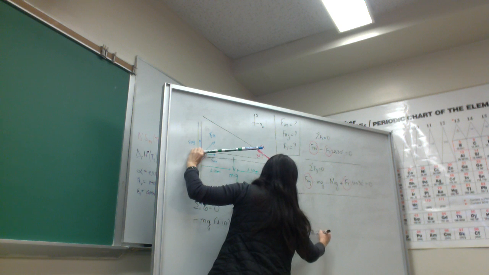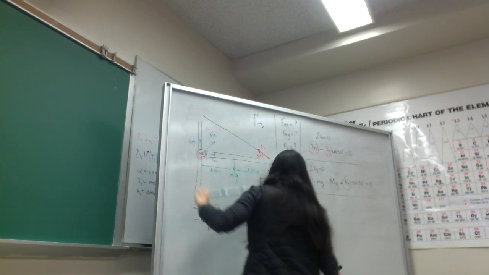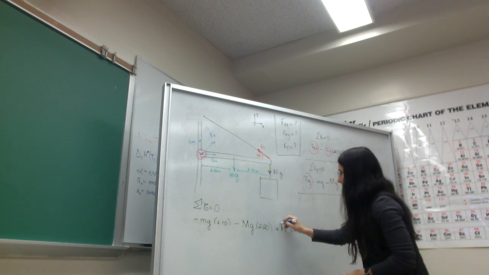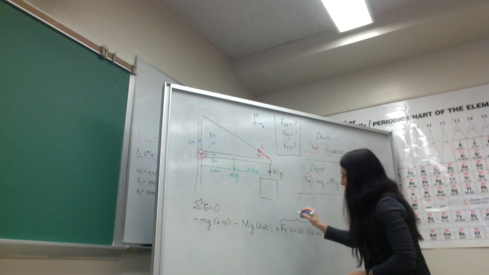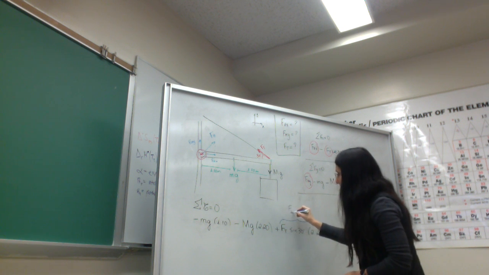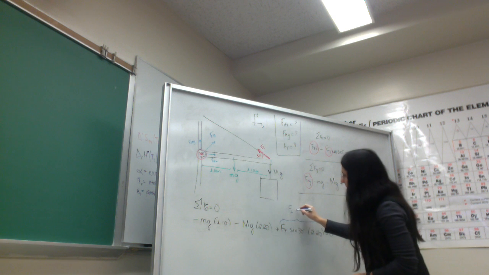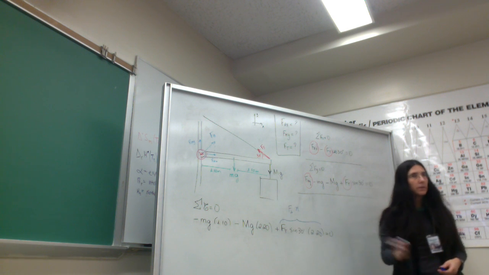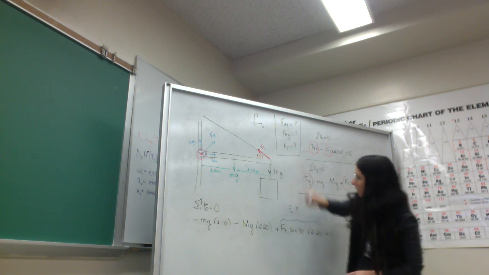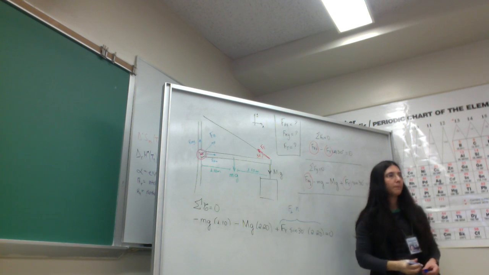Let me talk a little bit about what we wrote here. This term here, how did I write it? I wrote the torque of the component of the force that is perpendicular to the beam multiplied by the distance. That's one way to write torque. So the component that is perpendicular multiplied by the distance.